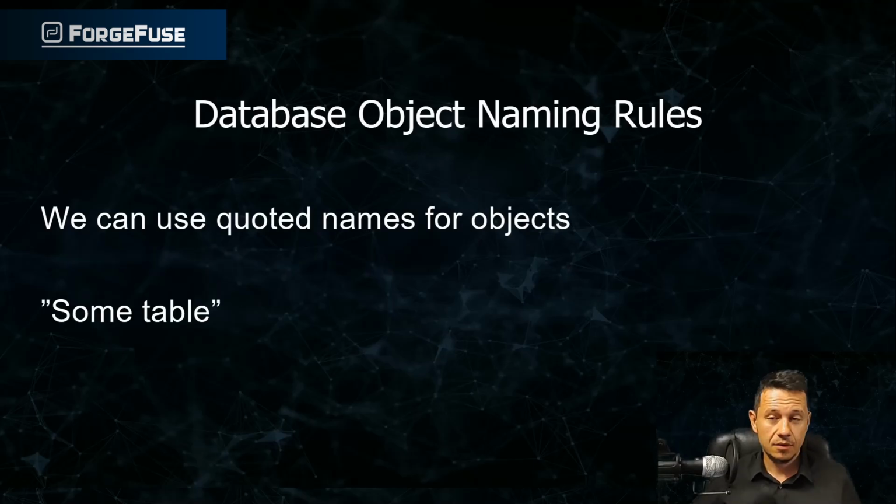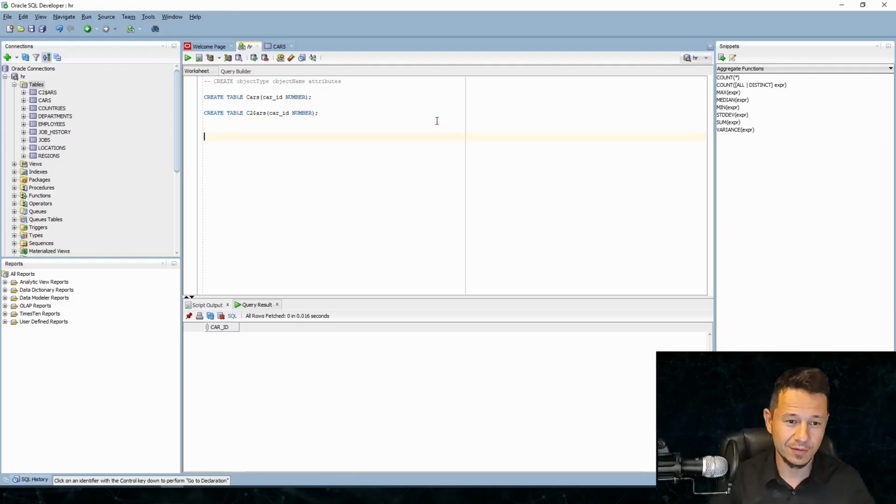Okay? There is a feature in Oracle database that we can use quoted names for objects. Like an example presented over here, sum table. As you can see, it has even a space in it, which is not allowed. Let's go to some examples to see how this works. Let's drop first the tables that we created prior.